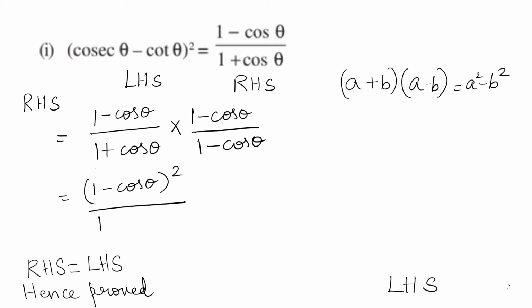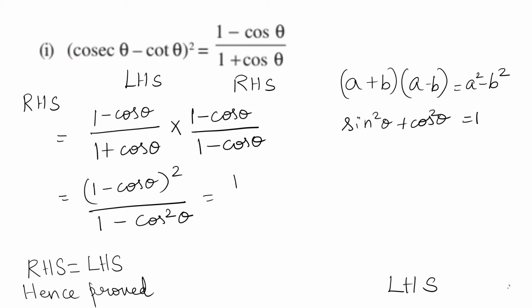So 1 minus cos square theta. And you all know that sin square theta plus cos square theta equals 1. So 1 minus cos square theta equals sin square theta.